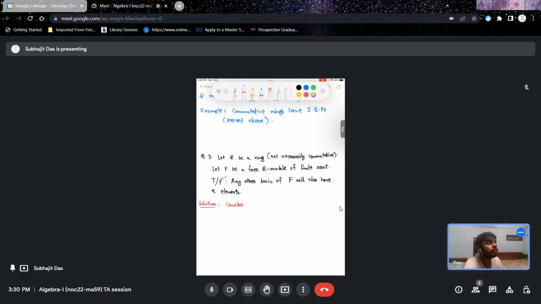Consider V equal to the direct sum over natural numbers of R. That is, we are taking a direct sum of n-fold, that is, countably infinitely many, copies of R. So this is an R vector space. So V is an R vector space. There is no doubt about that.